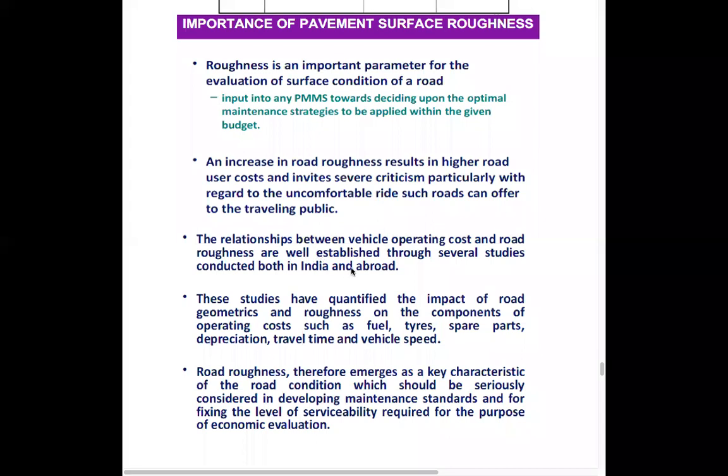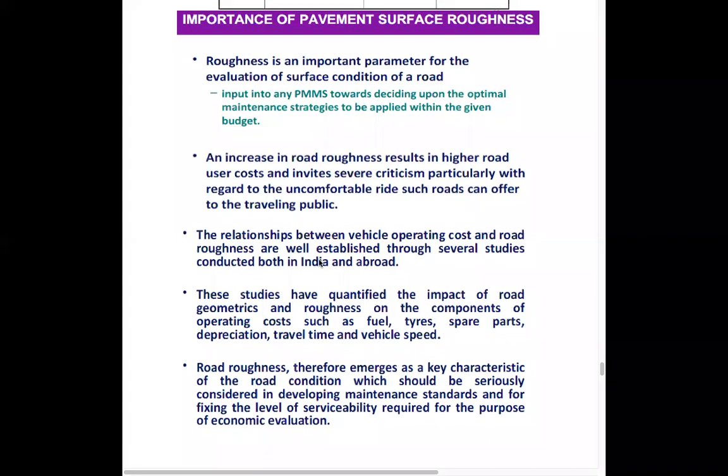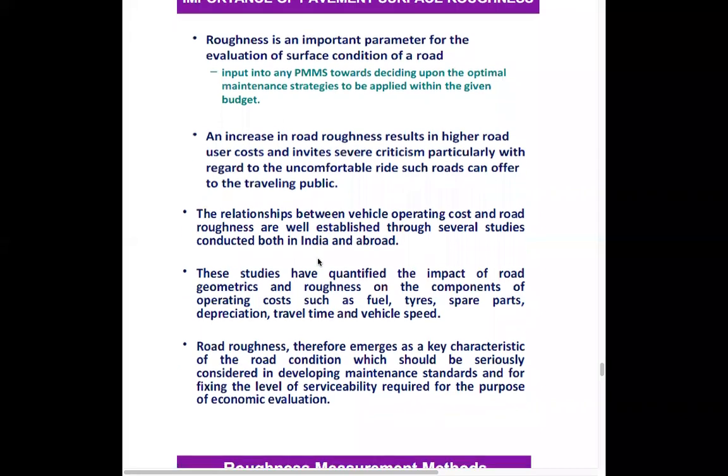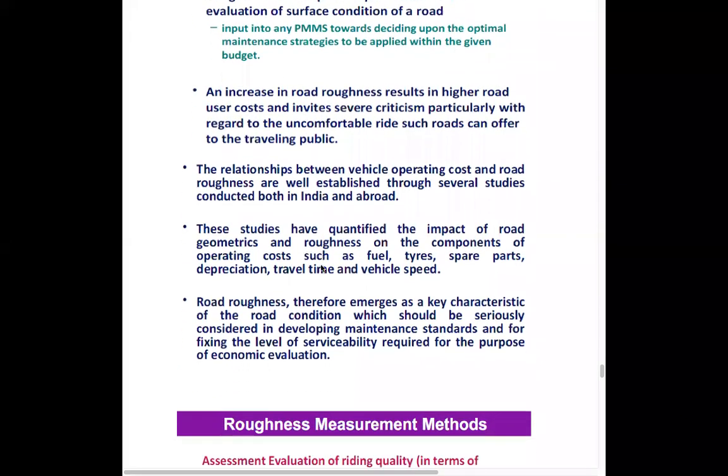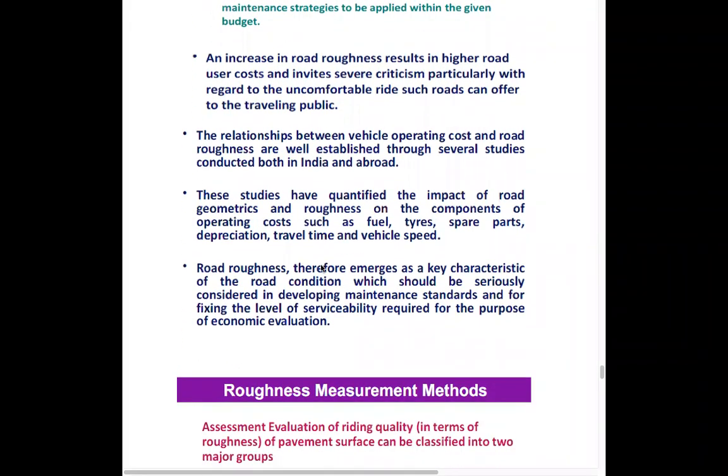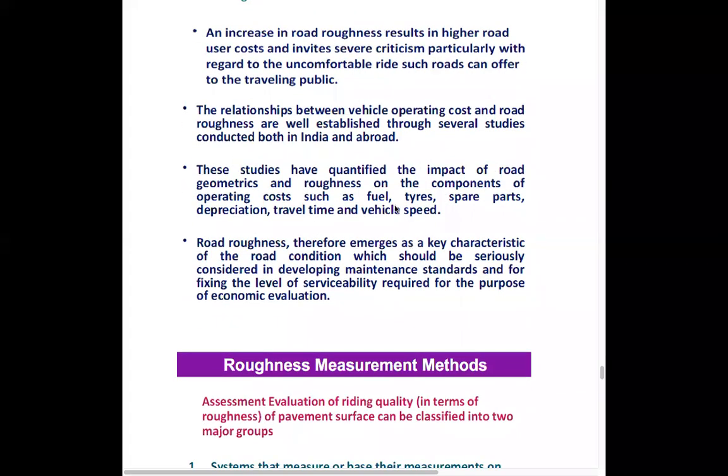The relationship between VOC, vehicular operating cost, and roughness is well established through several studies. It is a thumb rule: if you have increased roughness, it leads to higher vehicular cost. That's what has been mentioned here.